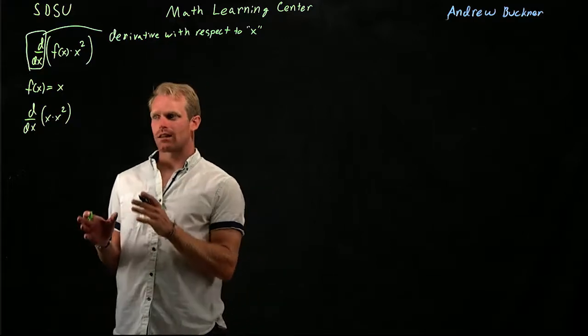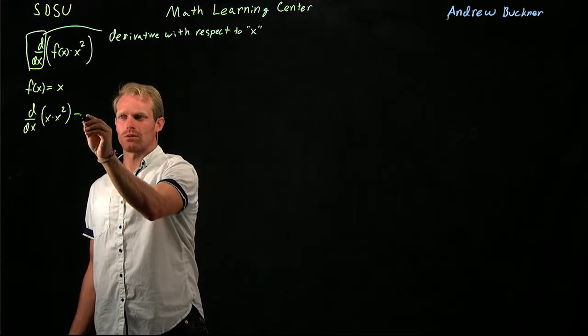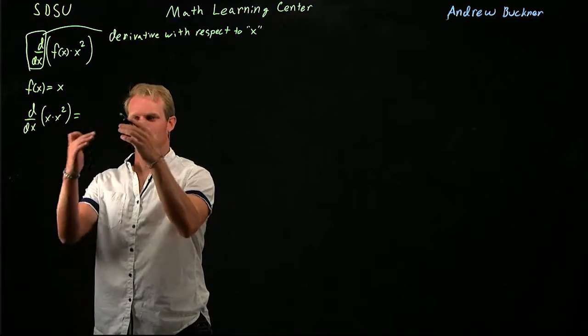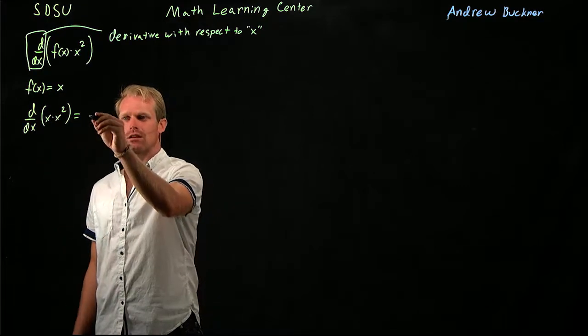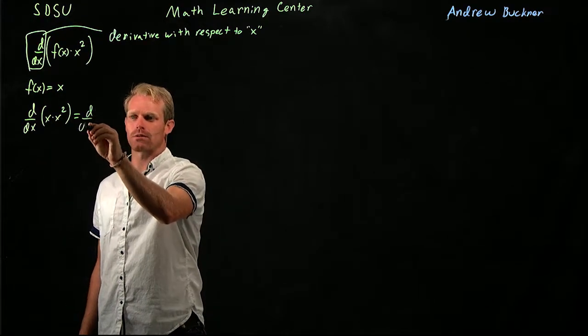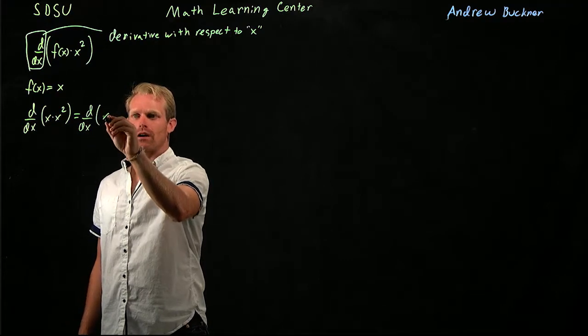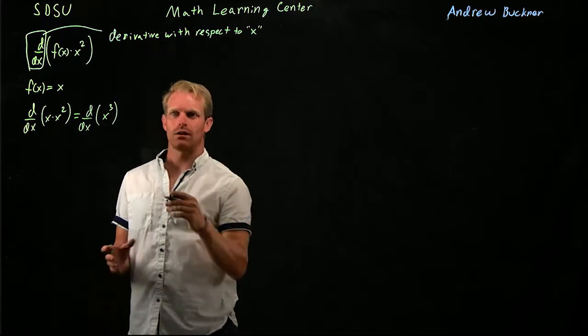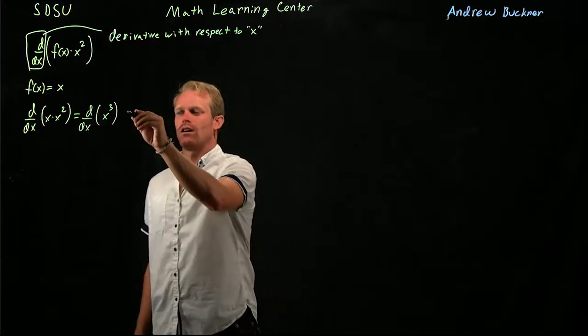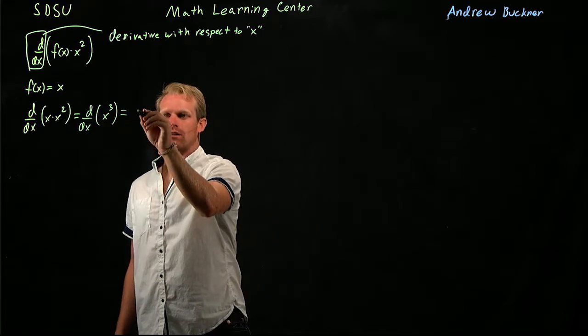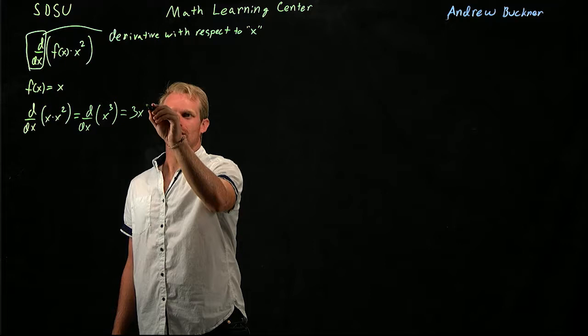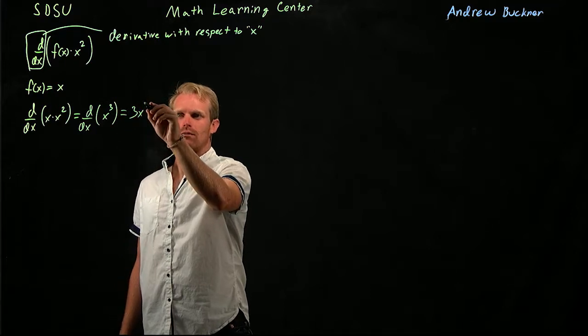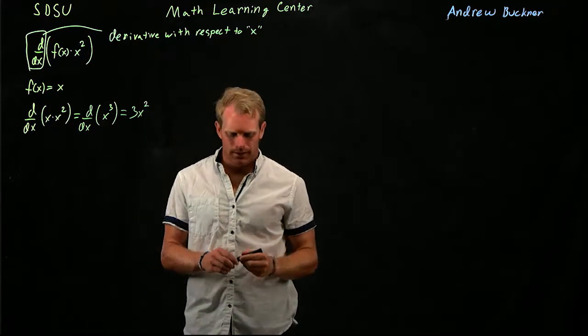And we like this because then we can just multiply, and like we did before, we can add the exponents because the bases are the same. I'm going to now get the derivative with respect to x of x cubed. And from here we just have a power rule where we bring the 3 down when we take the derivative, and we subtract 1 from the exponent, and we just get the 3x squared.